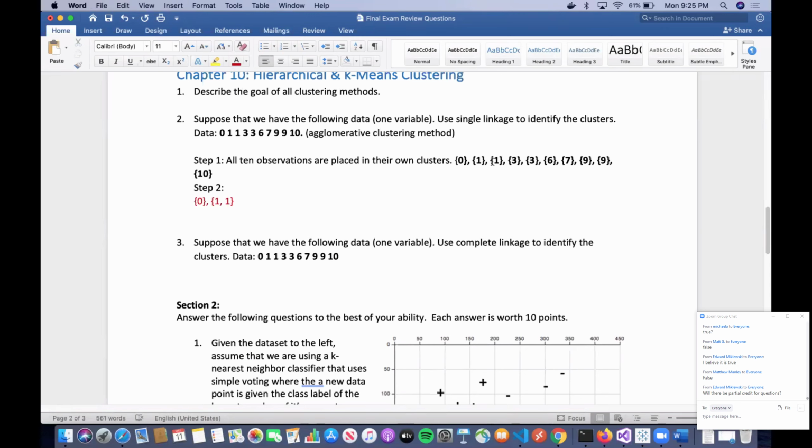So this will be step 2, step 3, and step 4, because step 1, we've already grouped them together here.